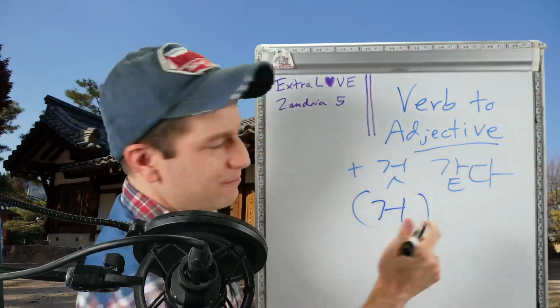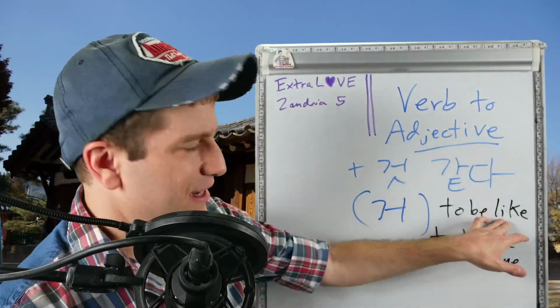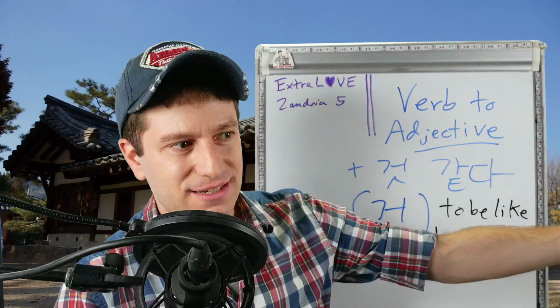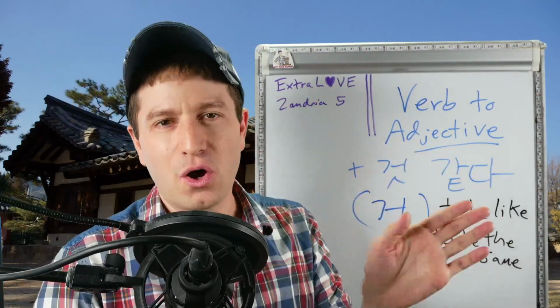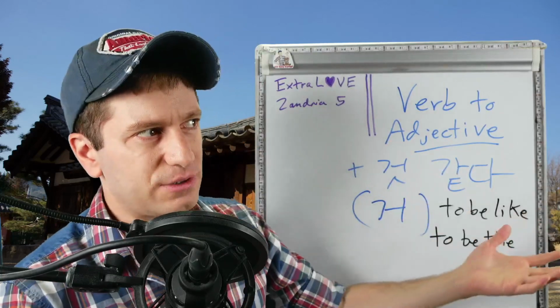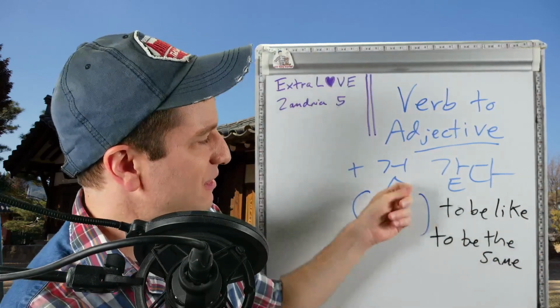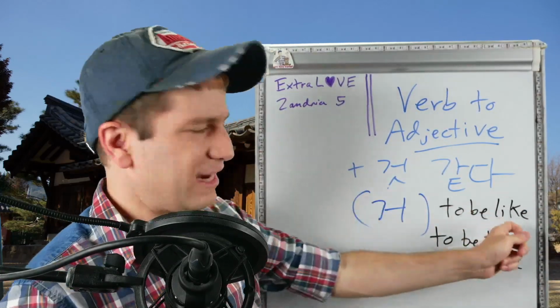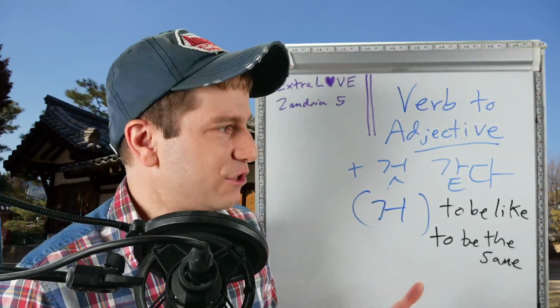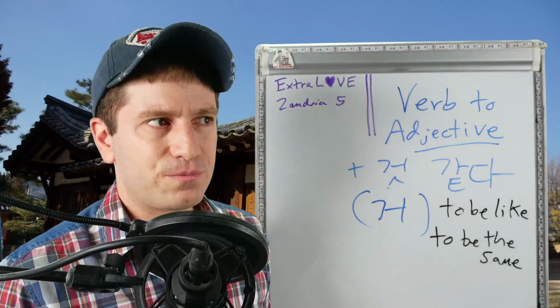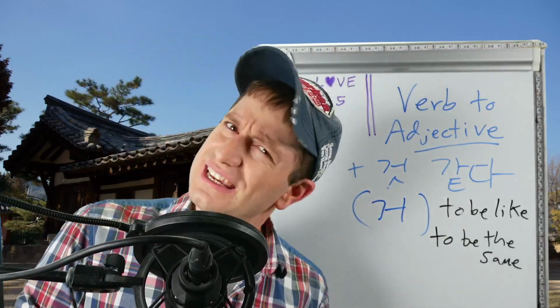This verb 같다 means to be like something, as in it is like that, or to be the same as something. So when you say 작은 것 같아요, what you're literally saying is it is the same thing as small, or it is like it is small. So literally what you're saying whenever you say I think using this form isn't really that you think it.